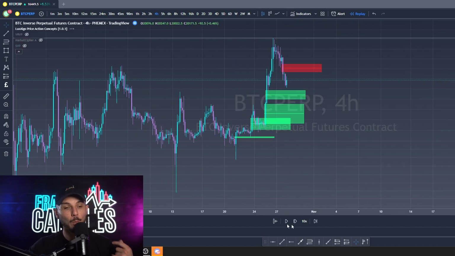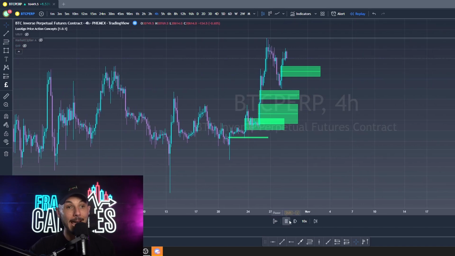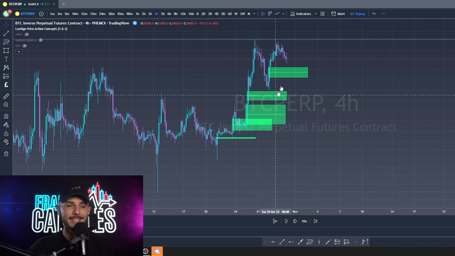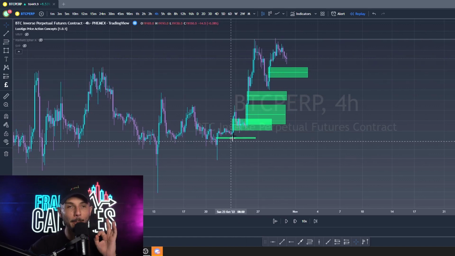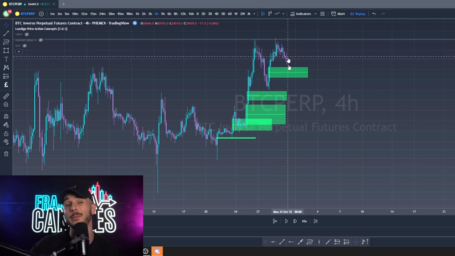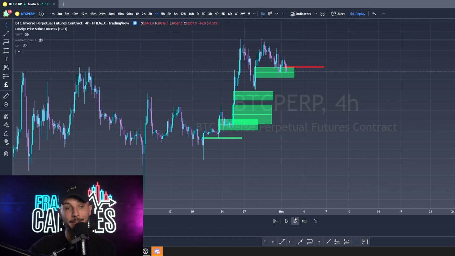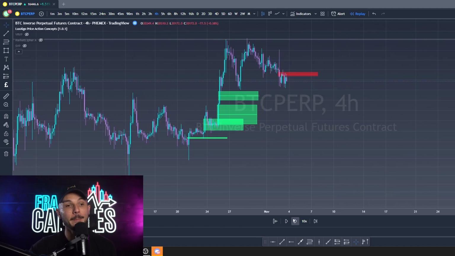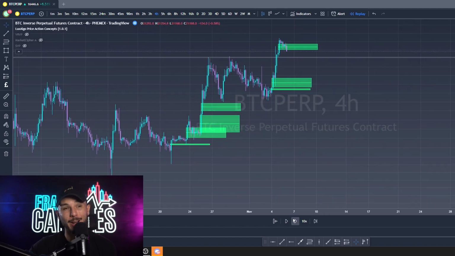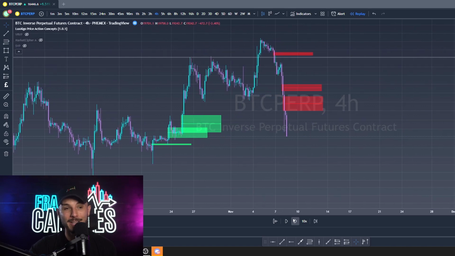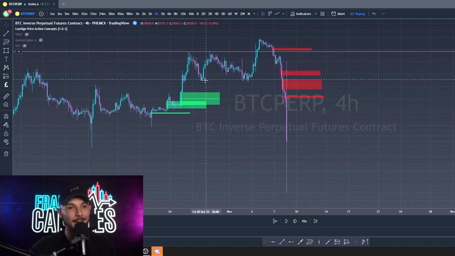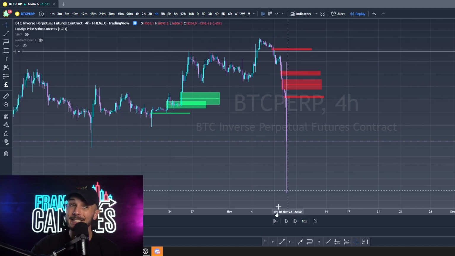Typically when you see a lot of green gaps like you do right here, there's tons of gaps down here. The market is very imbalanced, and it is likely that we come down and fill these. And then you can see it actually happens extremely violently with that mega drop to the downside right about there, right? You just get all that massive drop down, but you would have already basically been expecting that, right?